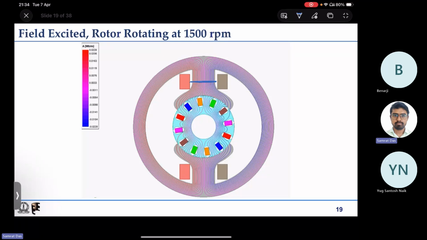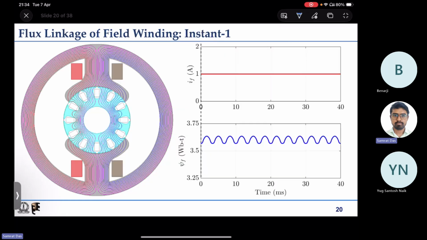This means the flux linkage of the coil does not change much even if the rotor is rotating. If I plot from simulation the flux linkage of the field winding, injected with 1 ampere of current, you can see it remains more or less the same.